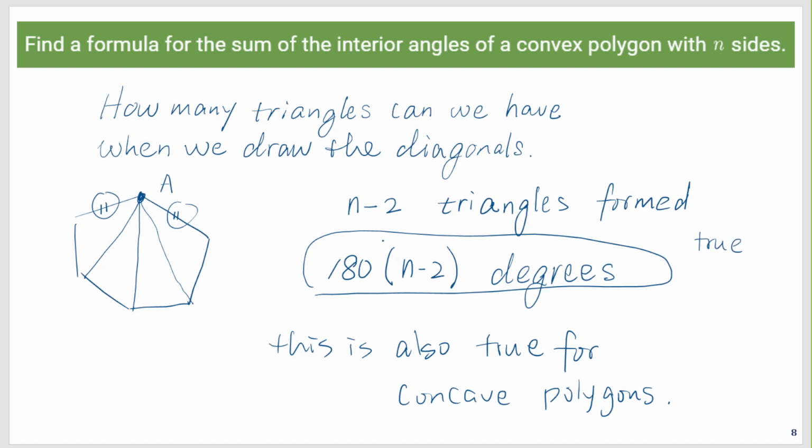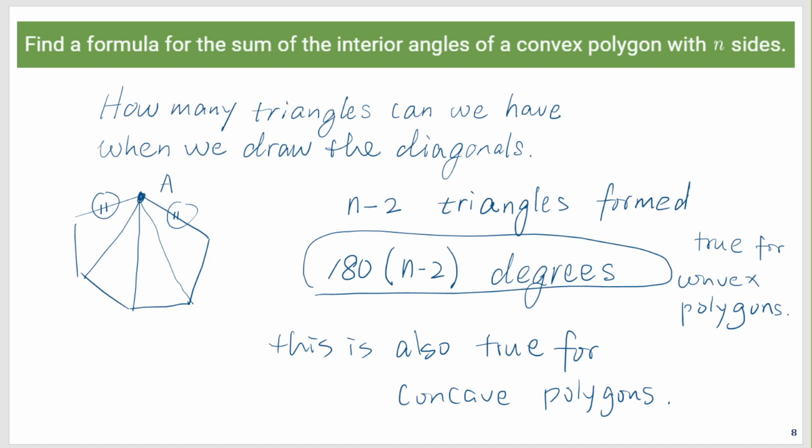We have just proved this is true for convex polygons, right? And we're not going to show the proof for concave polygons. If you are interested, you could just Google it by yourself, okay? And any questions, just let me know in our next class.